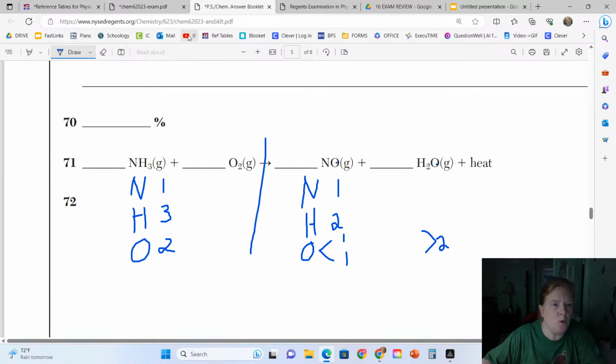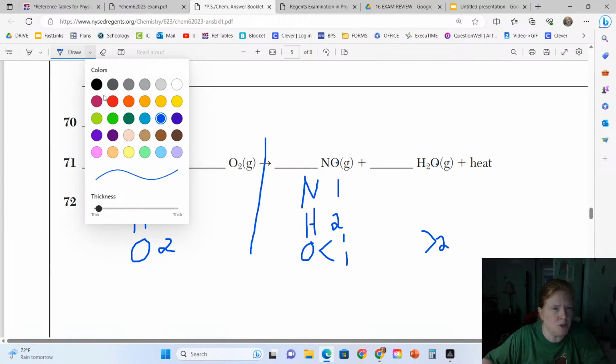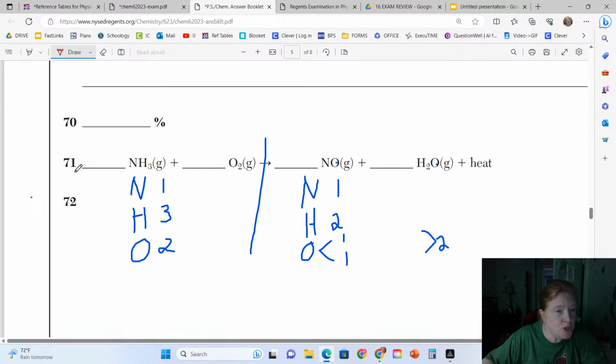So what I'm going to do is start by, and I'm going to switch colors here, putting a 2 in front of the formula that has, I'm going to ignore the side where oxygen is split, and I'm going to put a 2 in front of the thing on the other side that has the most stuff.